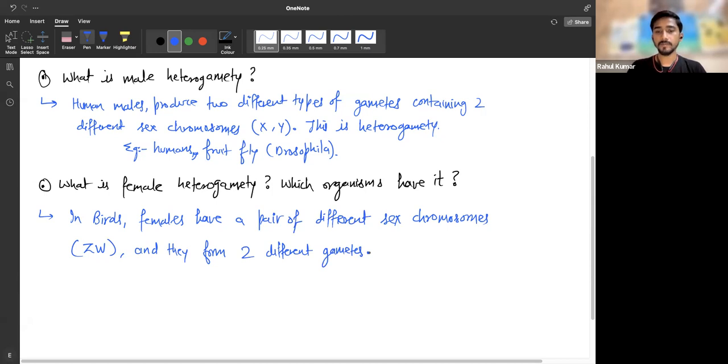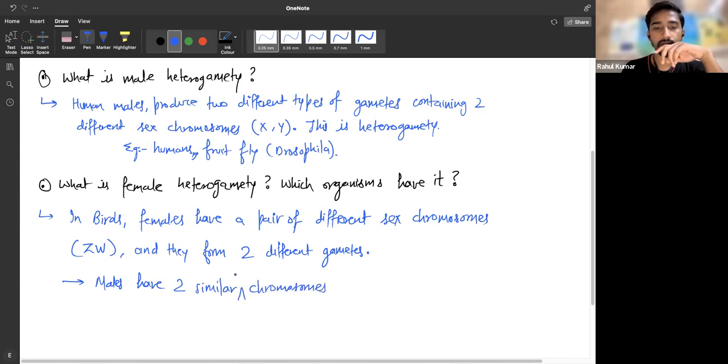This is female heterogamety. In this, you can write males have two similar sex chromosomes, which is Z and Z. So this W is different in females.